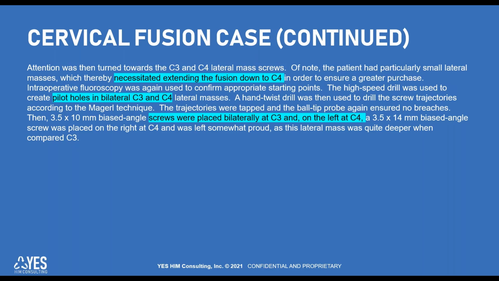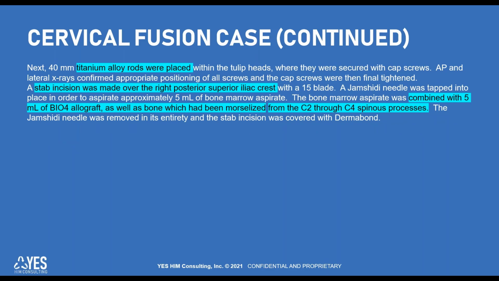They did some pilot holes bilaterally in C3 and C4. The screws were placed bilaterally at C3 and on the left at C4. Titanium alloy rods were placed. Then they talk about the stab incision for the bone marrow, for the bone graft. They talk about the allograft.